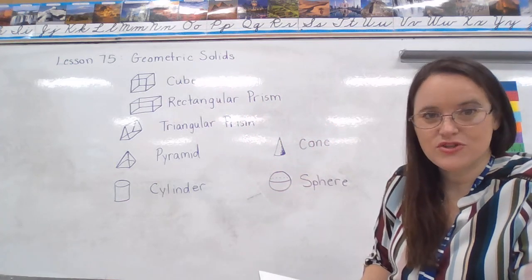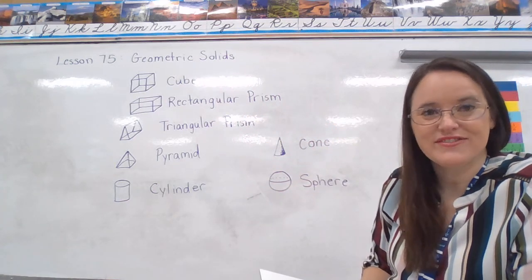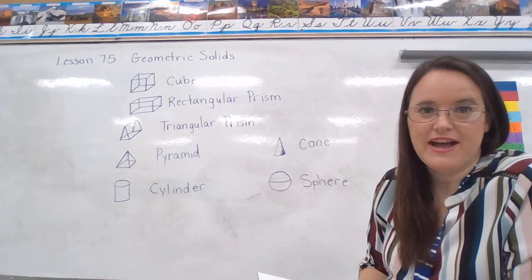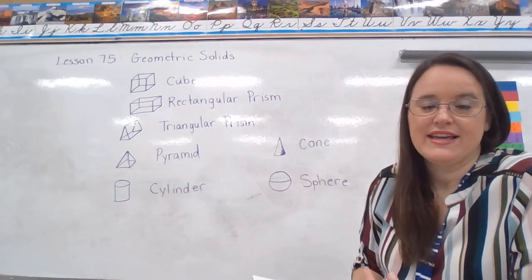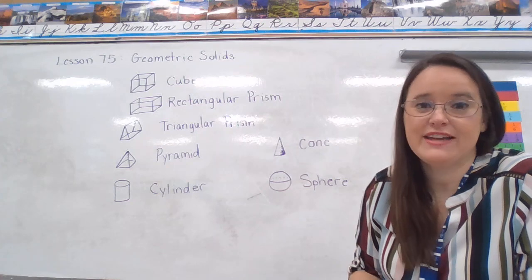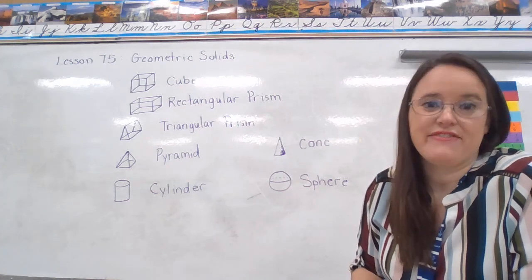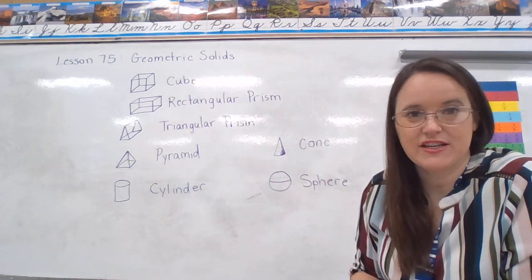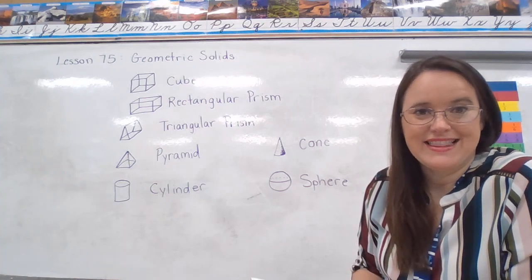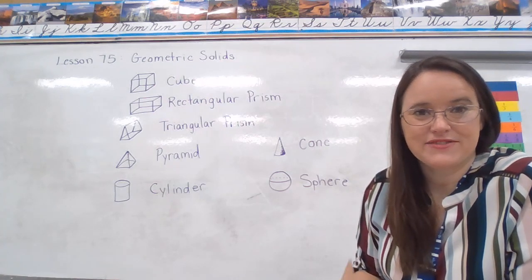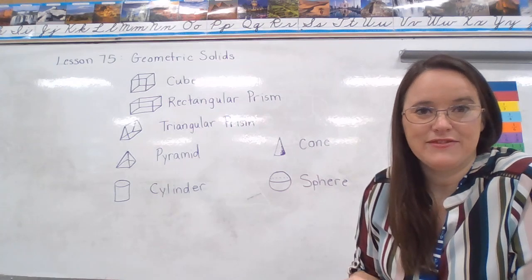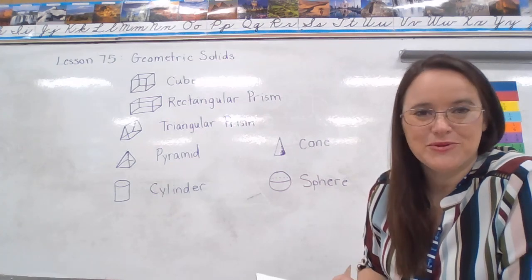As close as you can get to finding each of these shapes somewhere in your house. You can take a picture of what you find, or you can sketch what you find, or just list, hey, I found a tissue box, it's a rectangular prism, anything like that. That's going to be your lesson practice for today. See how many of them you can get.